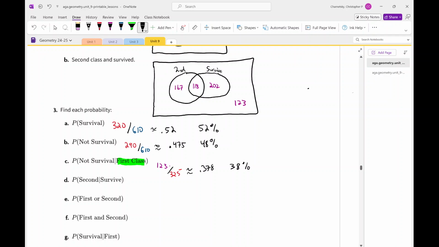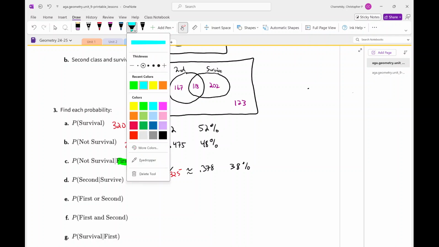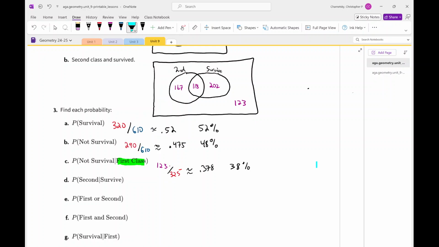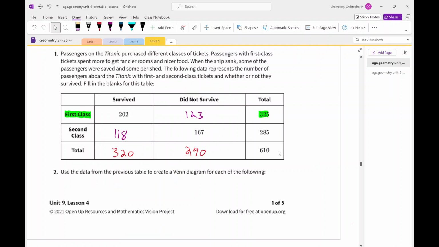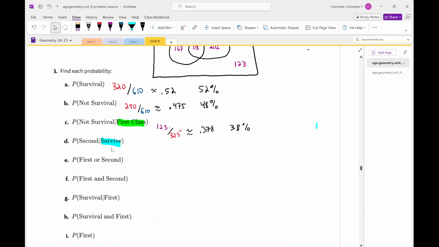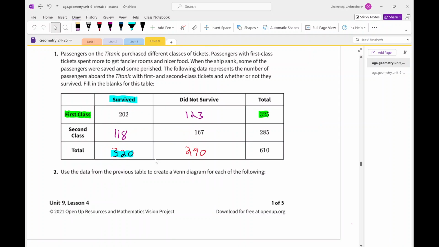For part D, we're limiting, our condition is survives. We're looking at the survivors. So we're in this column, and we're looking at that total. So out of the people who survived, how many were second class citizens, or second class passengers?